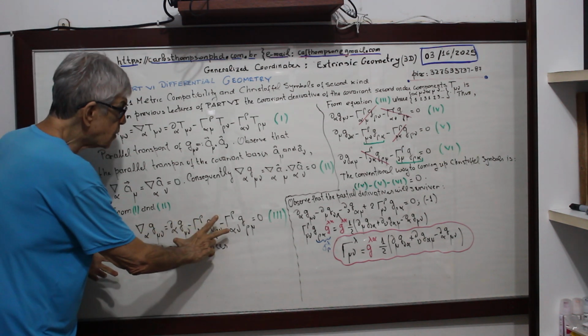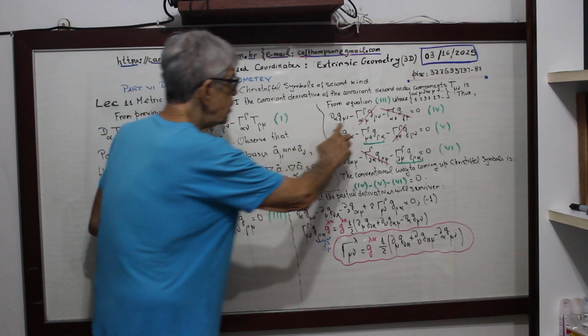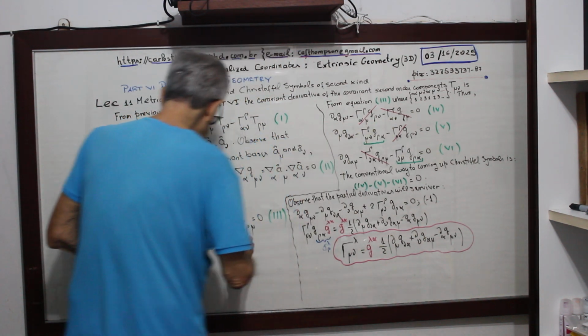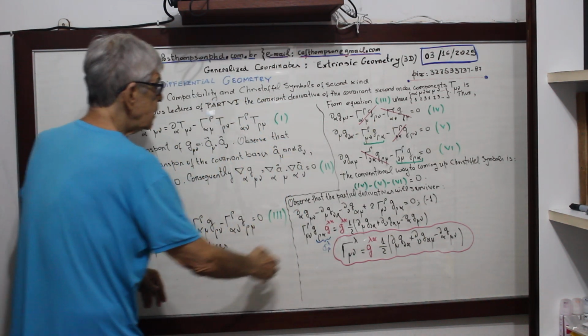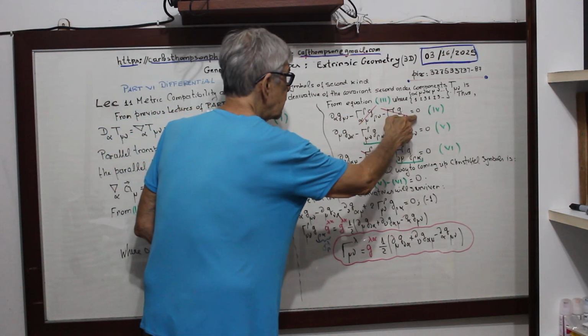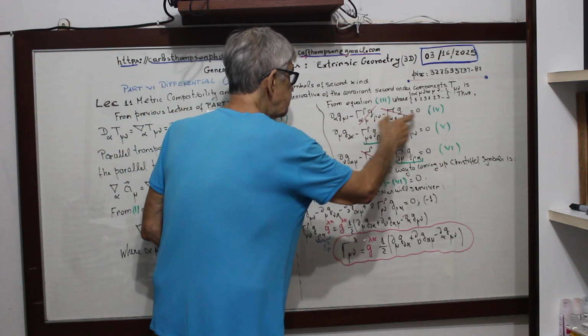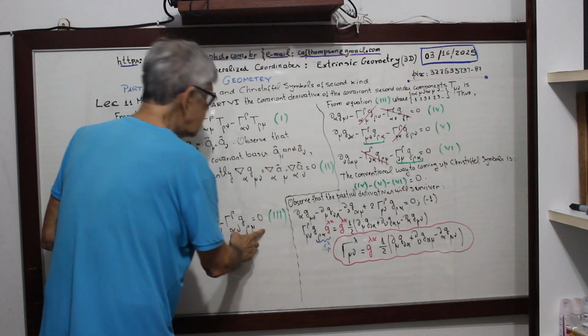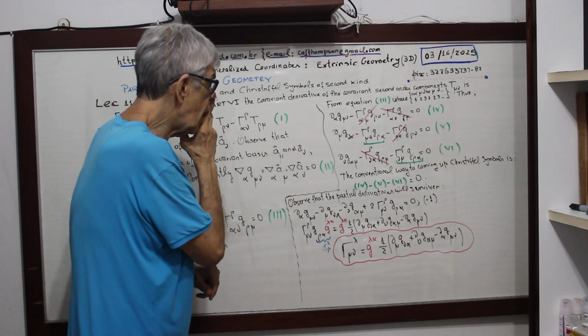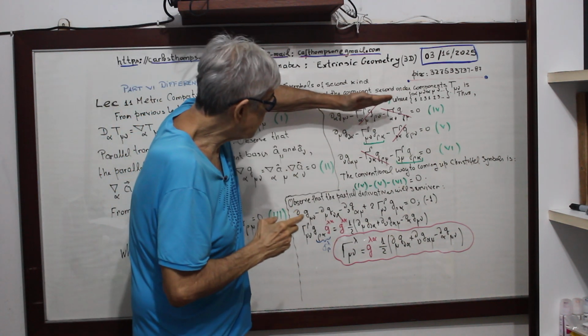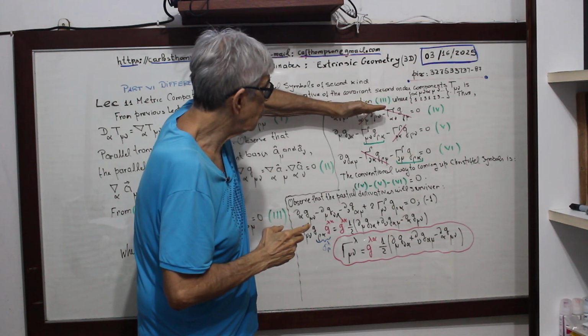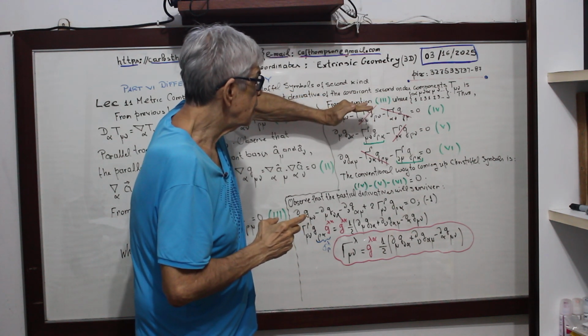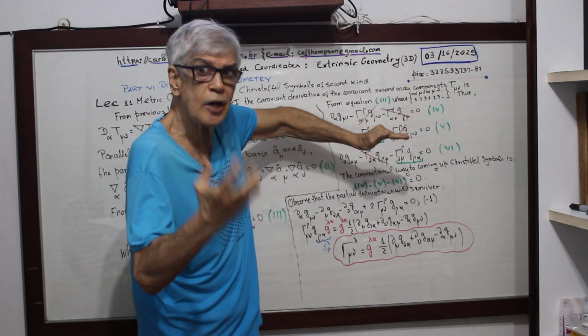I just copy this from here and write it over here, so this will be 0. Now I repeat this equation, just doing a permutation.